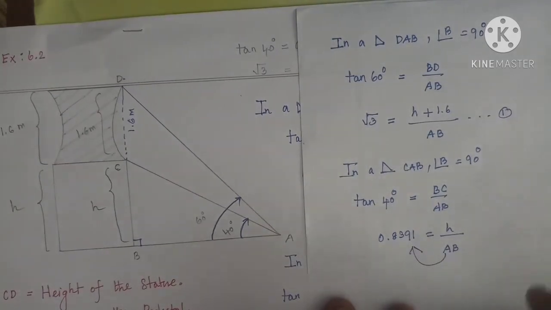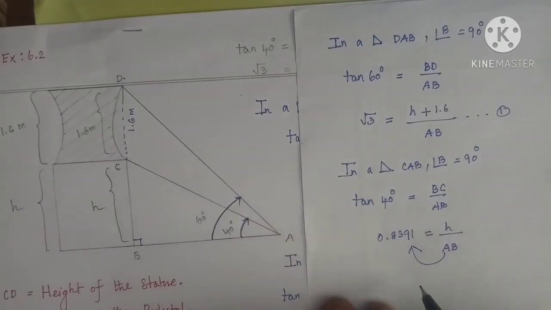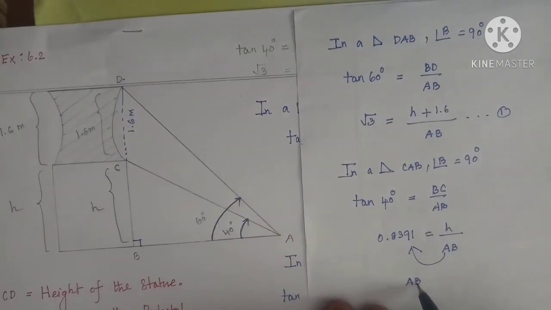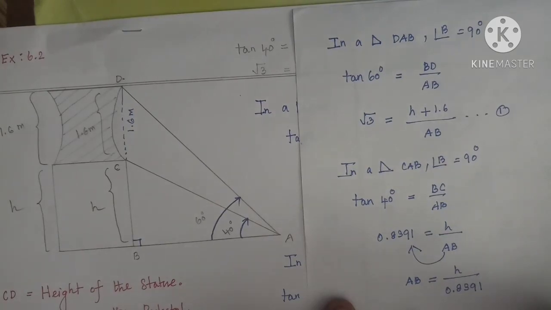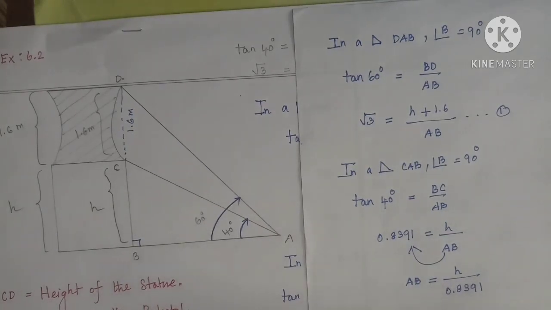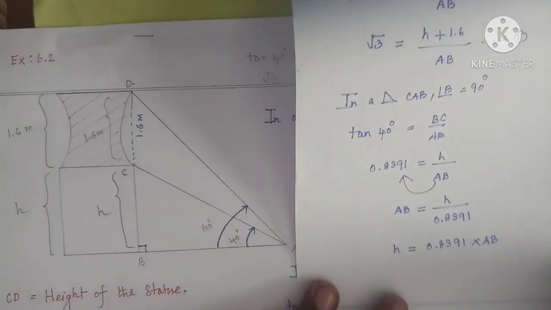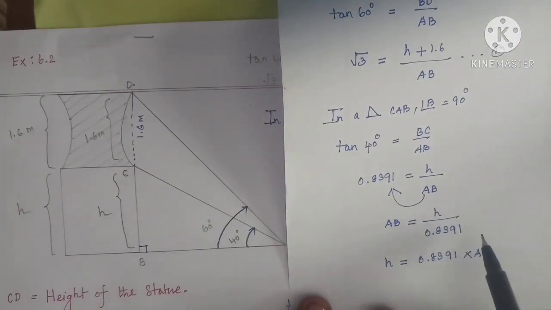So what is AB? AB equal to H by 0.8391, or H is equal to 0.8391 into AB.